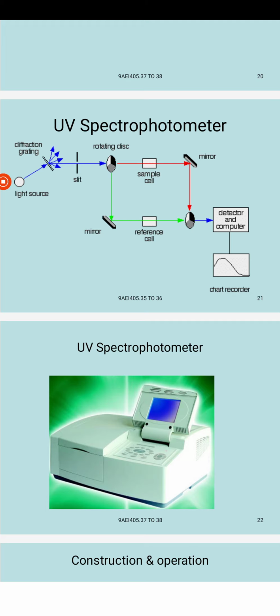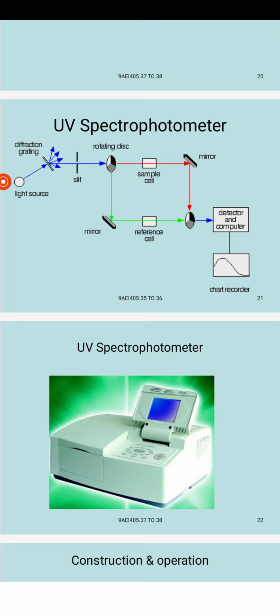The detector converts this electromagnetic energy into electric current, which gives the percentage of transmittance of the radiation energy. Once we know the percentage of transmittance, we can calculate the percentage of absorbance of radiation energy by the sample cell.